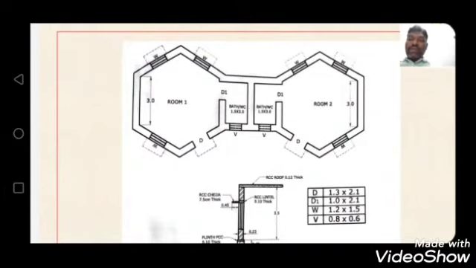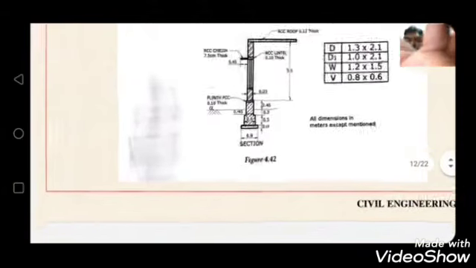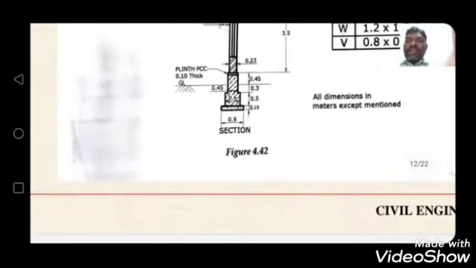Room 1 and room 2 are hexagonal rooms with attached bath and WC. And this is the foundation for walls, 0.9 meter width and depth is 1.05 meter. The first step is 0.3 and 0.5 meter depth, 0.45 the width, and 0.6 meter the second step width.